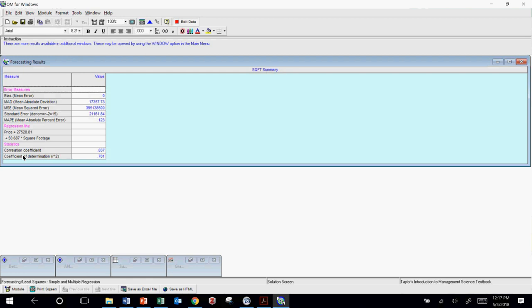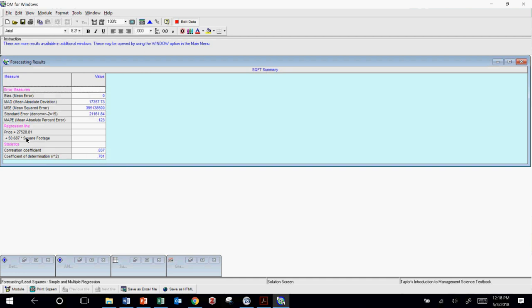And so this is giving us quite a bit of information right here. Here is our regression line formula. Price equals our 27,528 plus our multiplier or our coefficient of X times our square footage. So Y equals B plus MX.